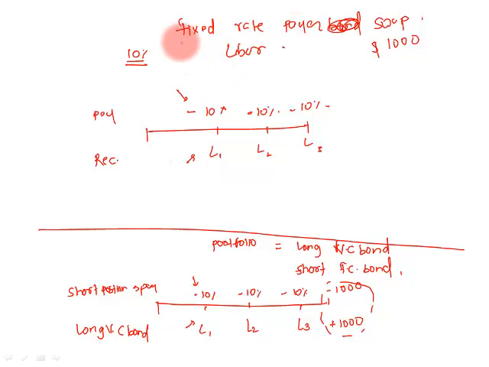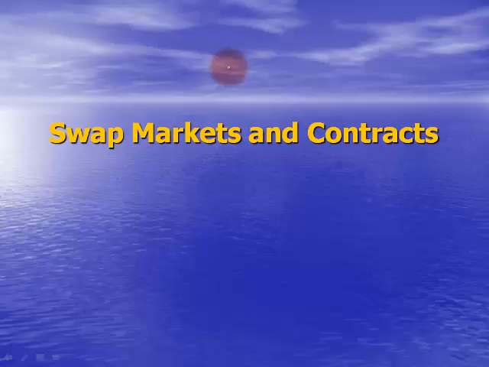Alright, let's see the other way around now. So this is a fixed rate payer. Let us say, I'm clearing off the screen. Now you are a fixed rate receiver. You are in a fixed rate receiver swap.